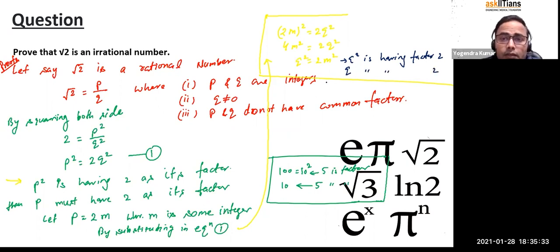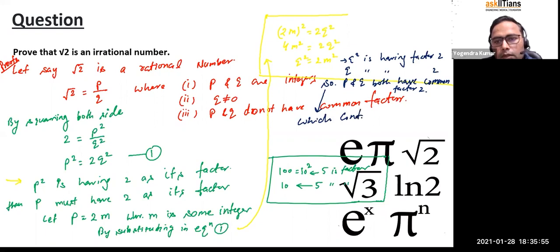Means finally, p and q both have common factor 2, which contradicts our statement that root 2 is rational.